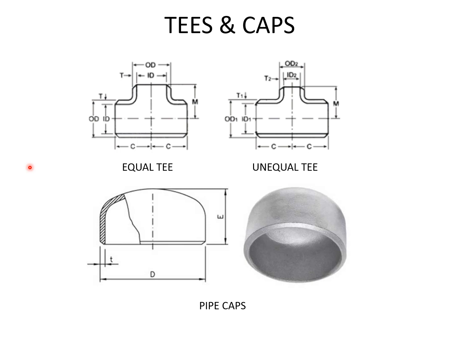Let's discuss further about T's and caps. So T's are classified as equal T and unequal T. In equal T, the outer diameter of the inlet will be the same as the branch outer diameter, whereas in unequal T, this will be different. The branch outer diameter threshold, the minimum, will be the outer diameter of the inlet divided by 2 and one size less.